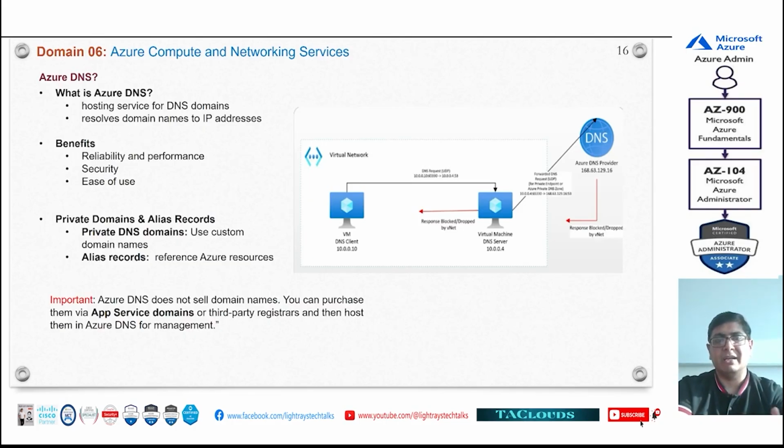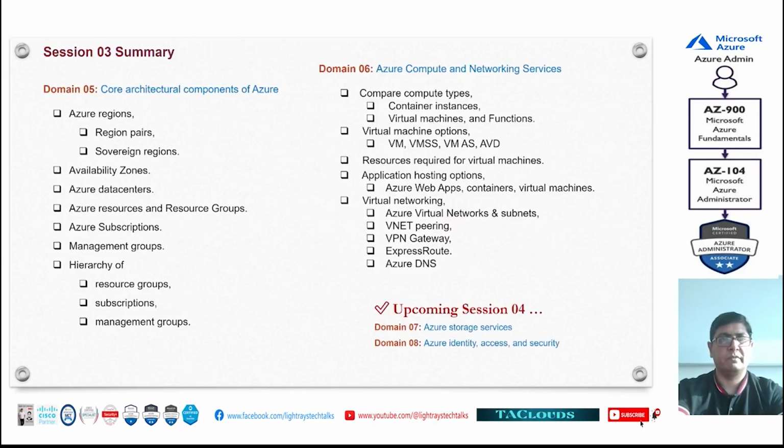That is the disadvantage of DNS also. They will not provide you a domain. You need to purchase the domain from outside, then you can use their private DNS. So there are benefits also. It is faster, reliable, secure, and easy to use. But the disadvantage is they will not provide you a domain. Domains you need to purchase from outside.